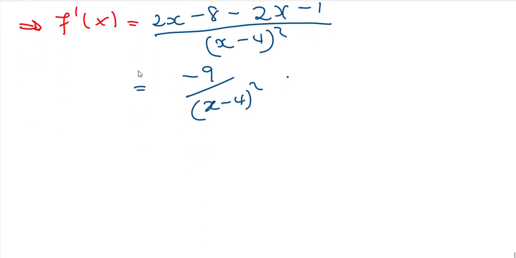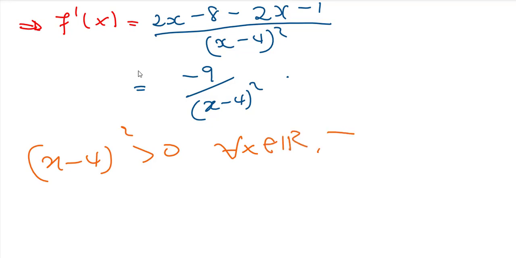Now the question is, will this always be positive or negative? Now let's see the nature. We see that the quantity down, x minus 4 all squared, is always positive for every x that belongs in R, save the case where x is equal to 4.